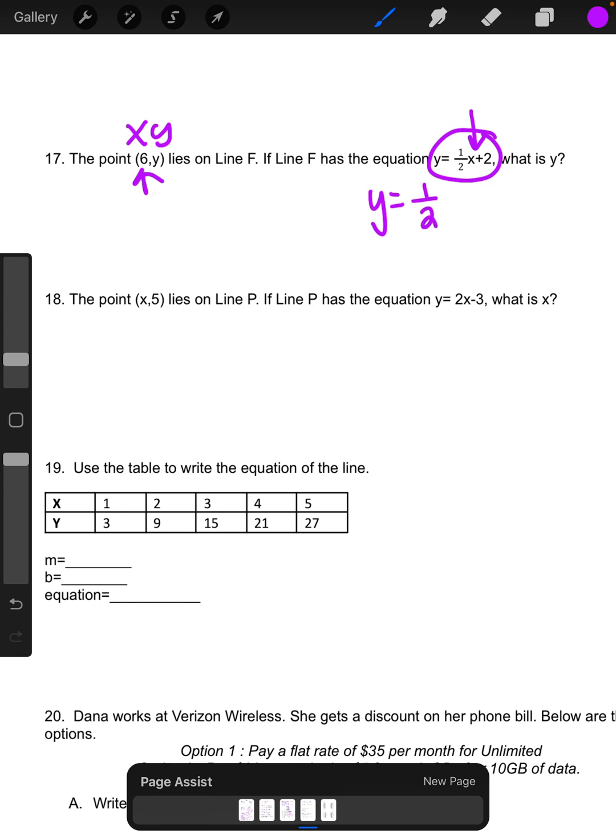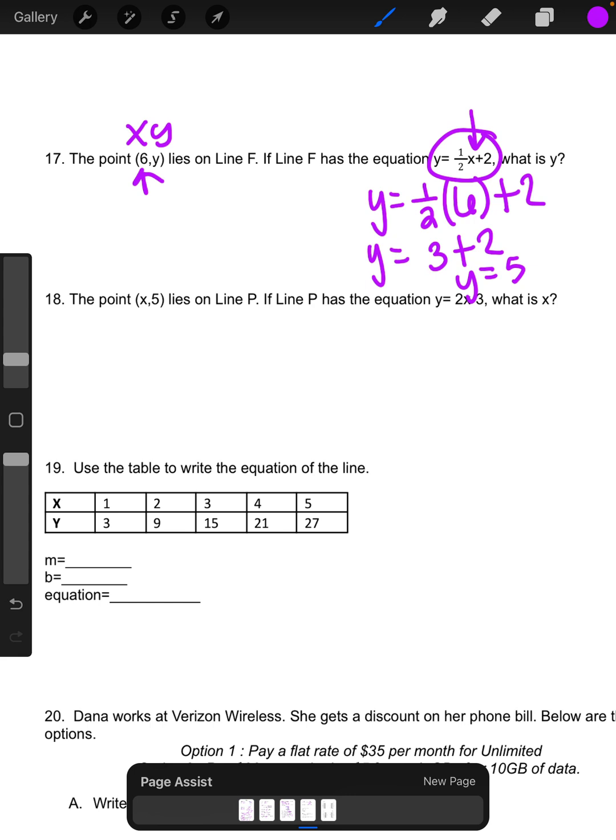So y equals 1/2 times my x value, which they gave me as 6, plus 2. And I'm just solving for y at this point. So y equals 1/2 times 6 is 3, plus 2. So y equals 5. So the y term is just 5. And all you have to do is understand that they gave you the x term to plug in there.